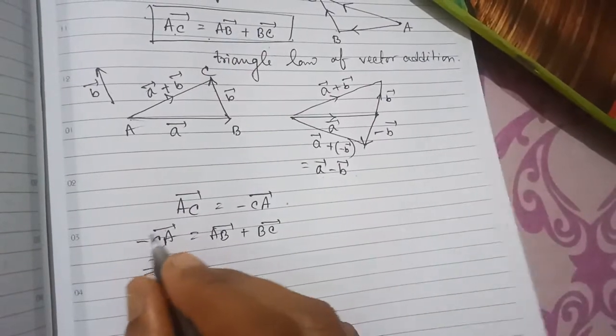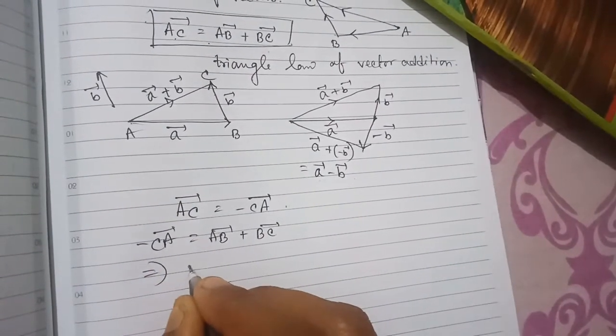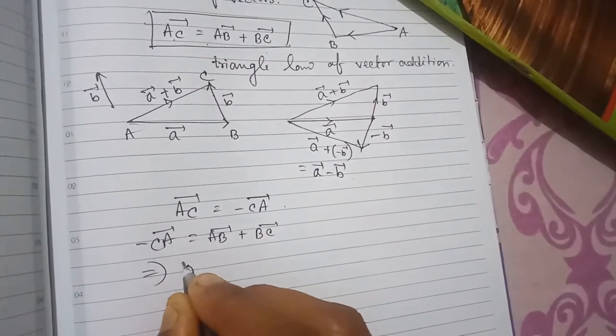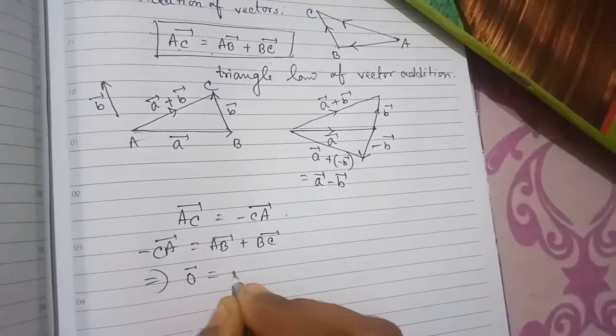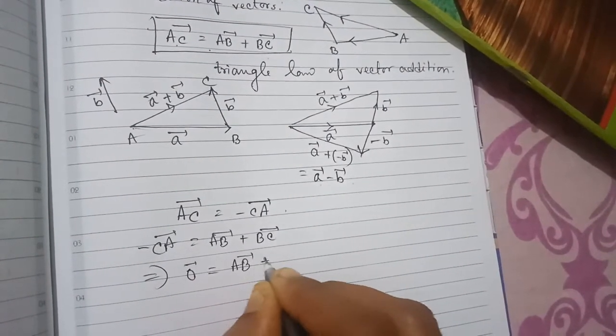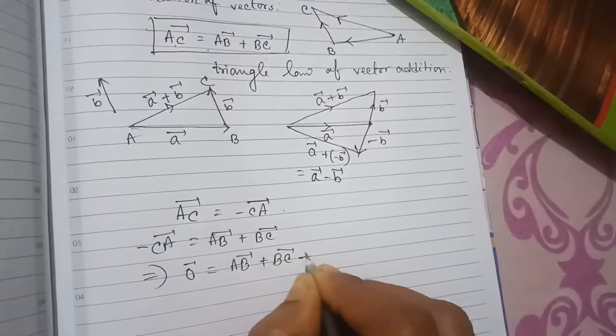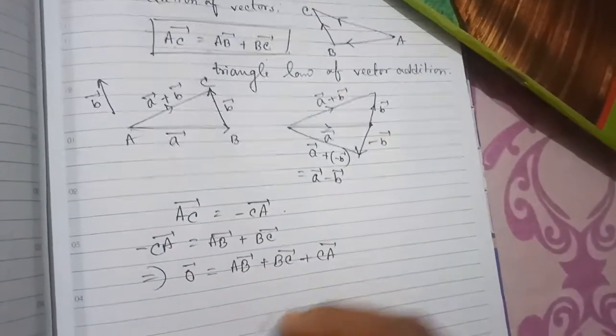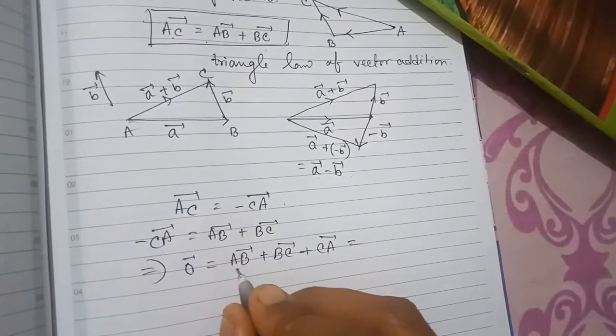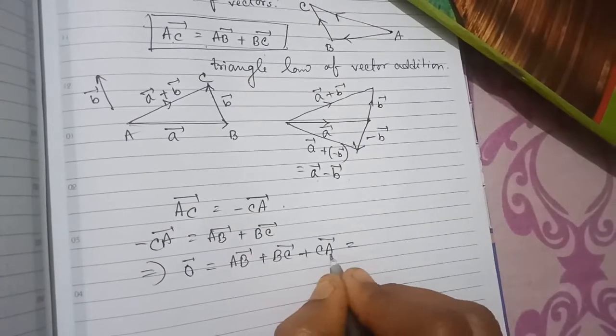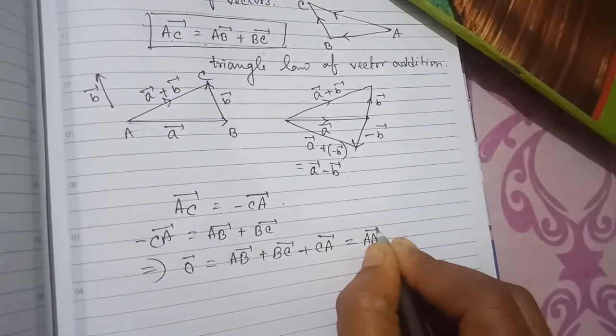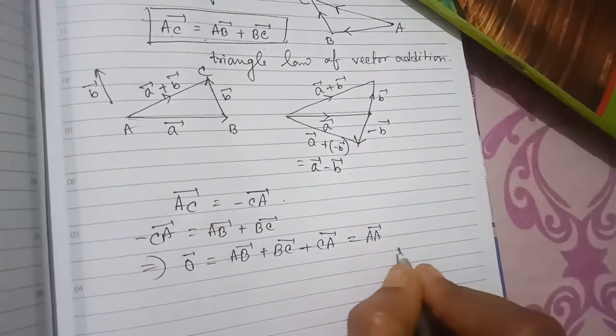Now if you take this to the right-hand side, we get 0 vector equals AB vector plus BC vector plus CA vector. Ultimately, look, the initial point is A and the terminal point is A. That's why it becomes 0 vector.